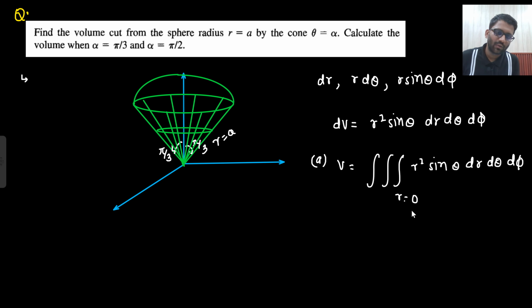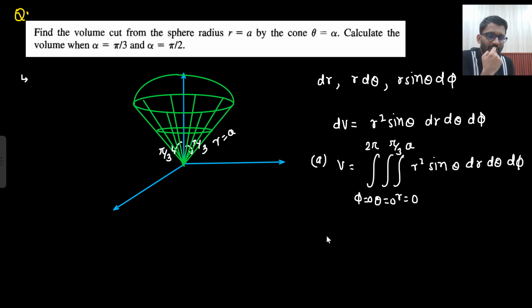So r is going from 0 to a. Theta is going from 0 to pi by 3, and phi is from 0 to 2 pi. Phi is complete. Fair, right?